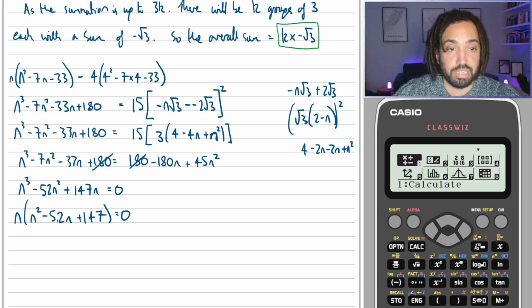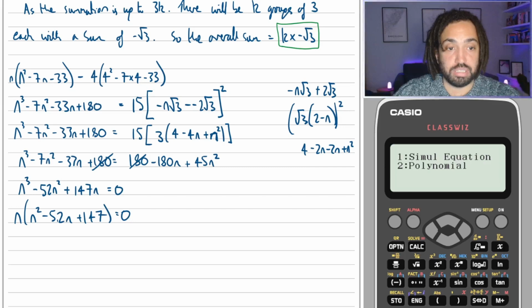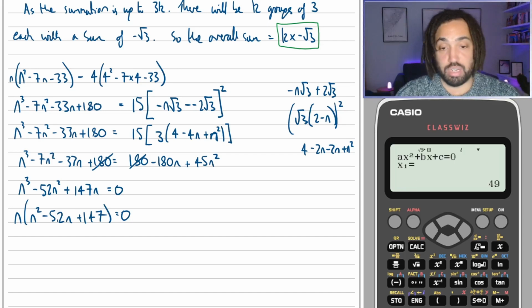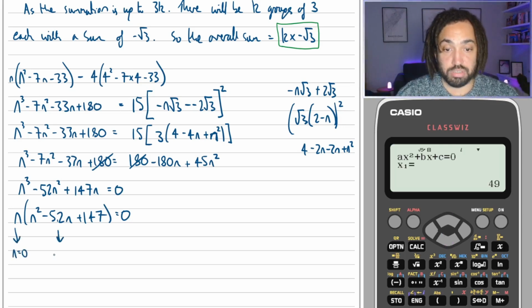So I'm going to do that on my calculator. Equation, polynomial degree 2, and we've got 1, minus 52, and 147. Great, we've got a whole number, that makes me feel great. We've got 3, so obviously n equals 0 is not going to be a solution. n equals 3 and n equals 49.